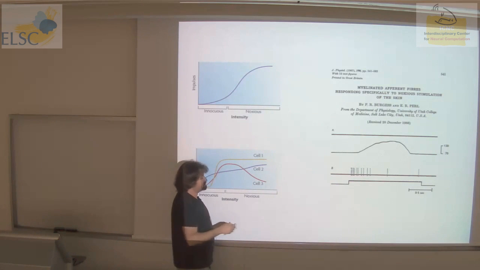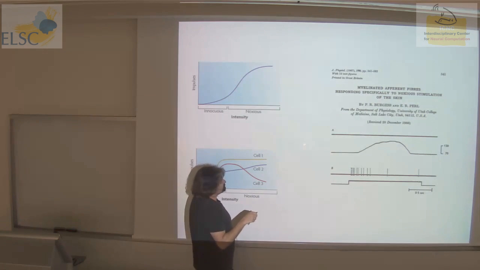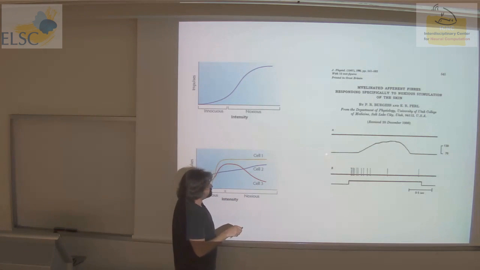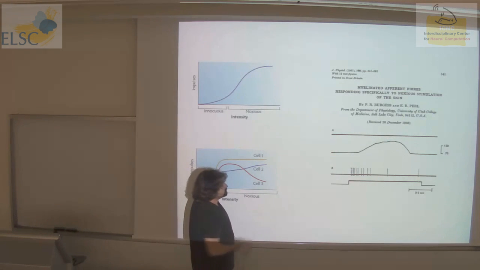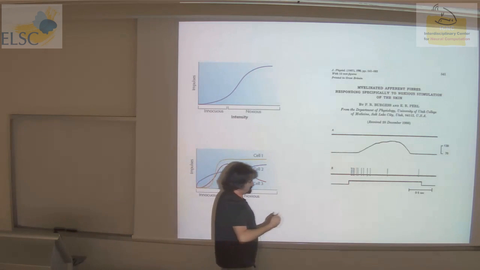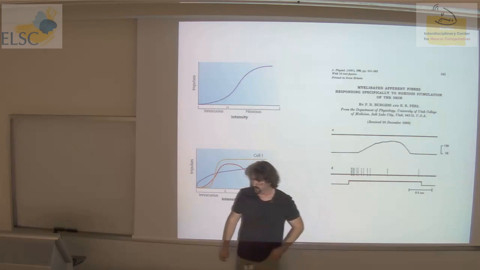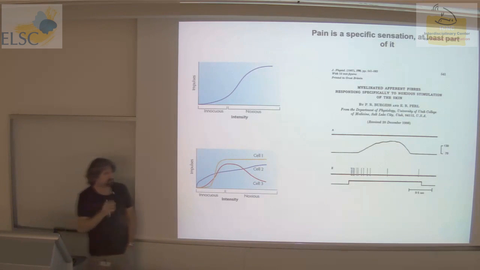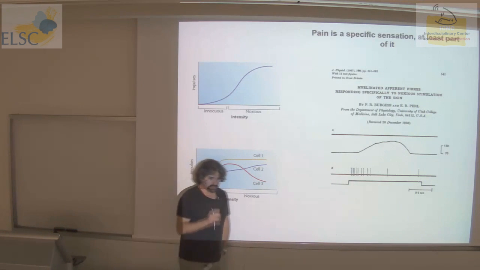As you can see here, this is the paper, and this is the recording from a peripheral neuron in a cat. And when he applied non-noxious or non-painful, low intensity stimuli, the neuron was silent, and the neuron started firing only when the stimulus was in a noxious range. Okay. So at least part of the system, it's a labeled line, it's specific.